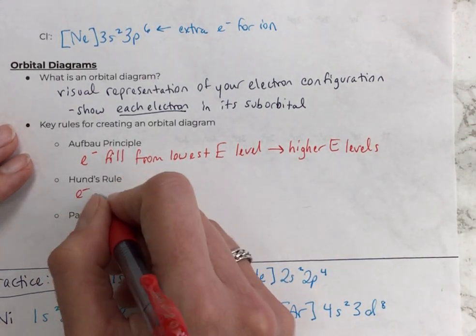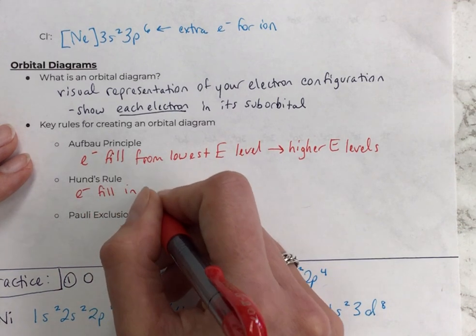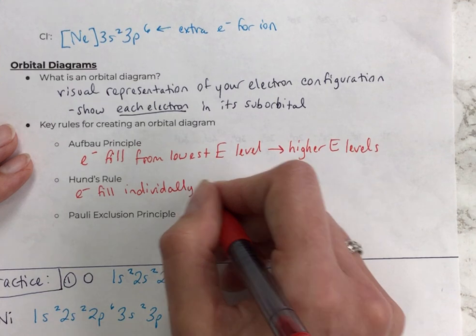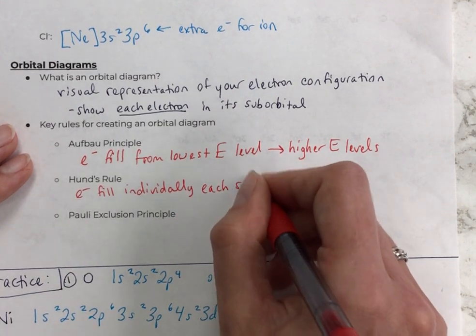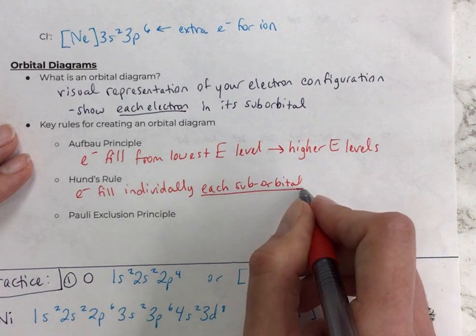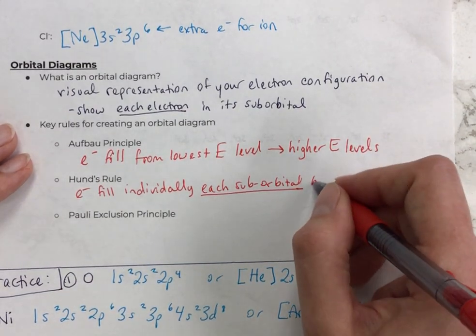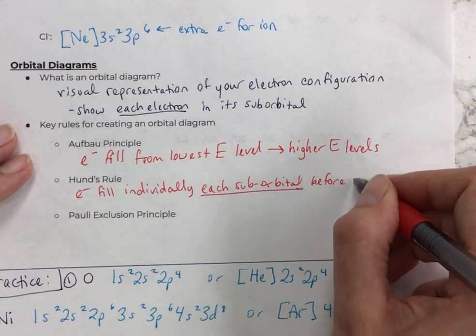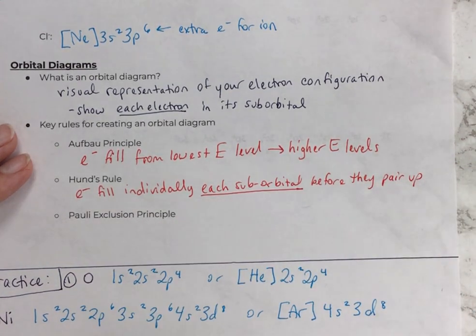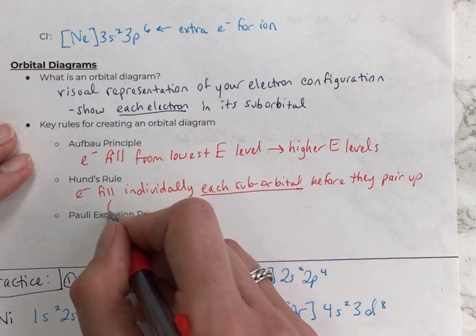Hund's rule: electrons fill individually each suborbital before they begin to pair up. They much prefer their own space. Remember, electrons are negative, they repel each other.